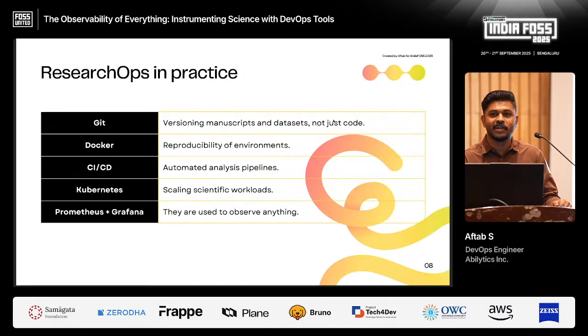That's where Kubernetes steps in. Then there's Prometheus and Grafana. I know my talk is about observability, but this is going more out of observability. Anyway, Prometheus and Grafana can monitor pretty much everything. It's a match made in heaven. I have mapped almost every tool we commonly use as DevOps engineers to how researchers use them. You want evidence?